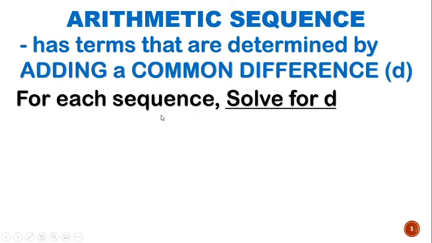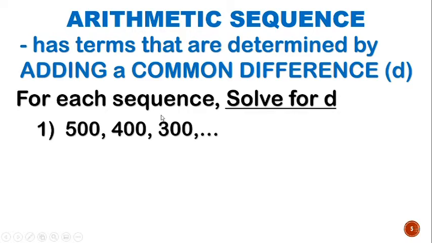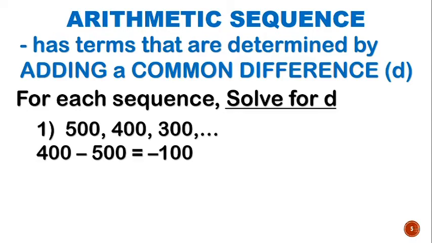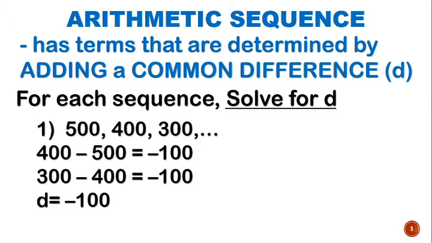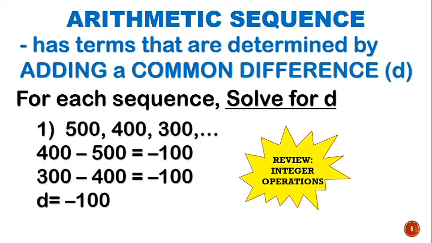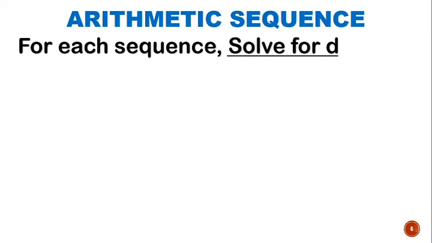So, for each sequence, solve for D. What about 500, 400, 300? Okay, so 400 minus 500, negative 100. 300 minus 400 equals negative 100. Since pareho sila na negative 100, yun yung D natin. So, do not forget to review your integer operation. What about this one?